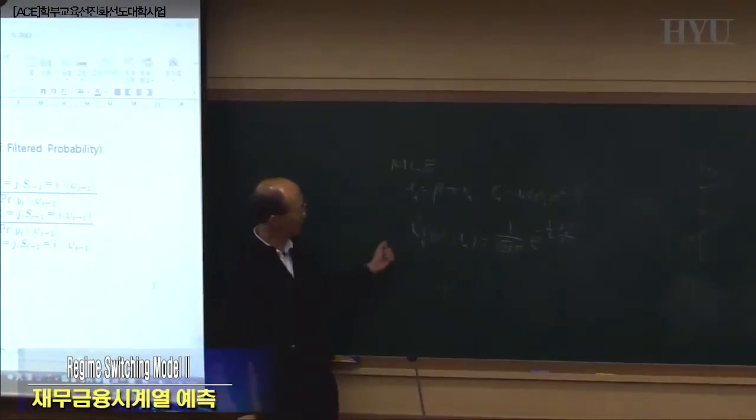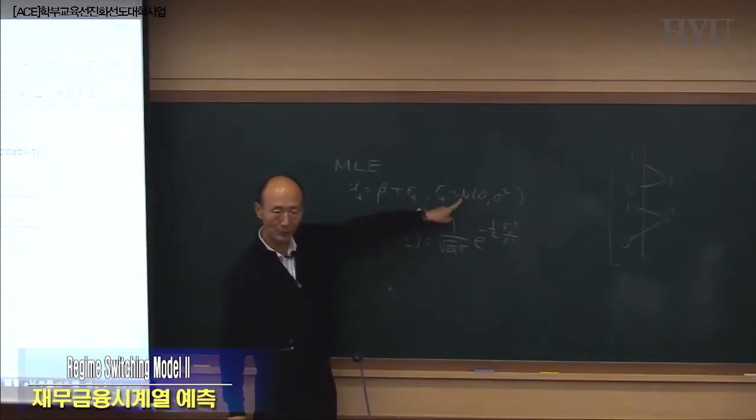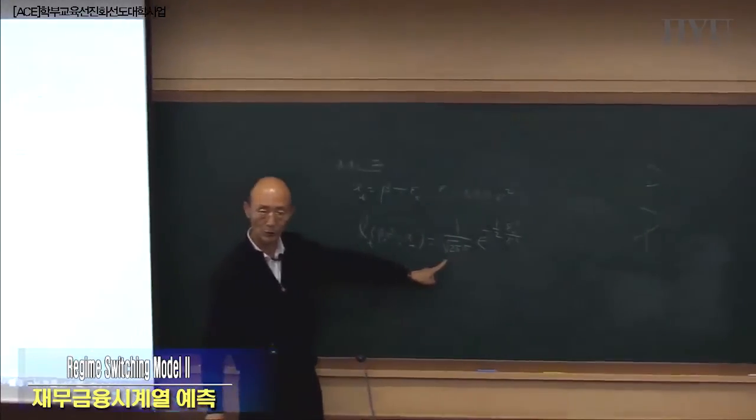So if you have some initial guess on these two parameters, and because you assume normal distribution, this is the normal distribution, right?